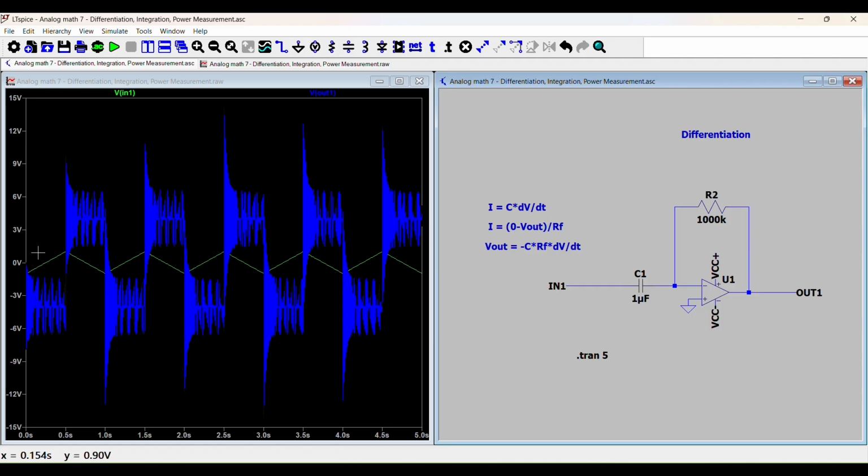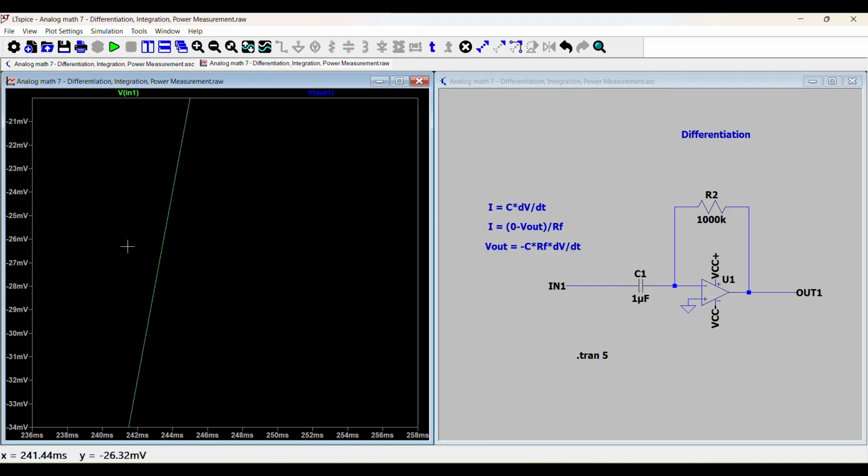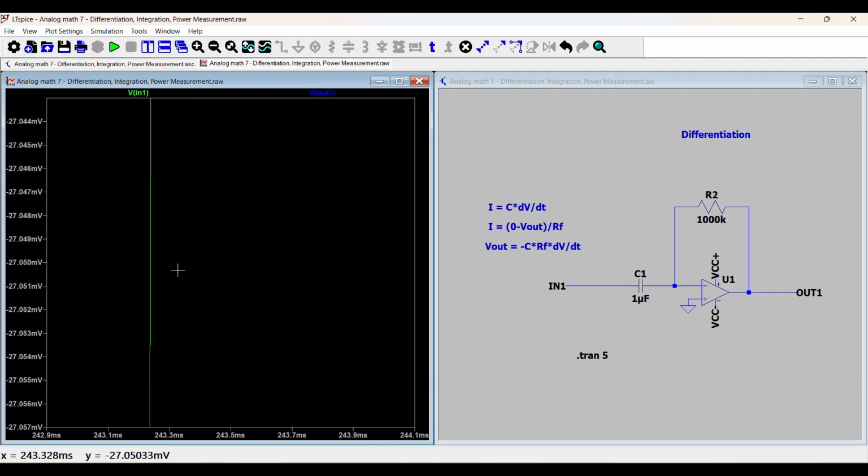What LT-Spice does, if you zoom in really hard into the input, right, let's zoom in right in, you can see that it's actually putting in a voltage increase with no time difference. So it's basically a straight line to approximate increase in voltage at the very micro level.